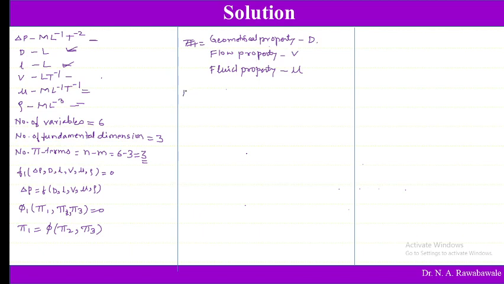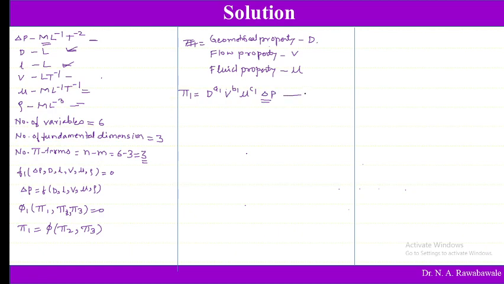So now we write pi 1 term. Pi 1 term is equal to D to the power of a1, V to the power of b1, mu to the power of c1, and the first pi term contains the dependent variable delta P. So in the first pi term we must include the dependent variable.